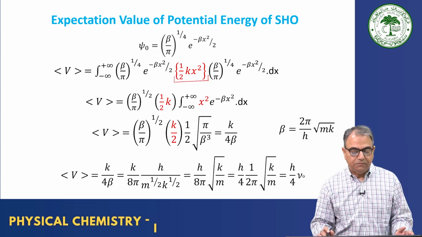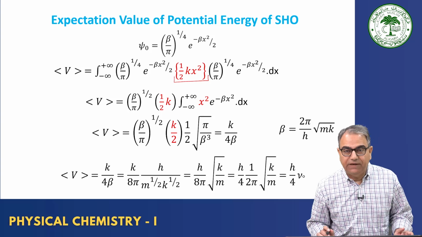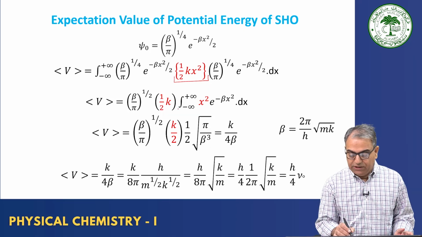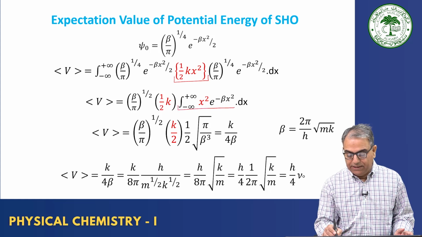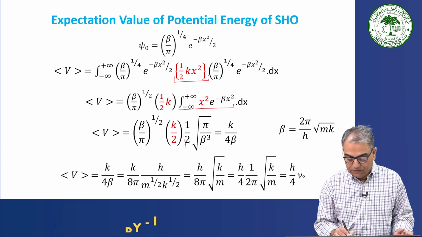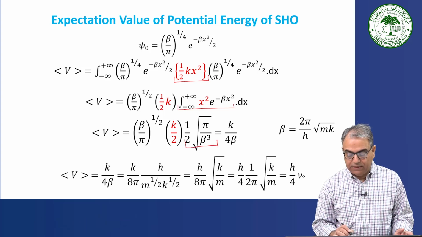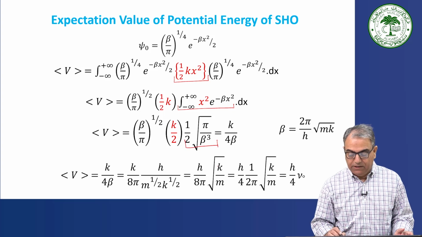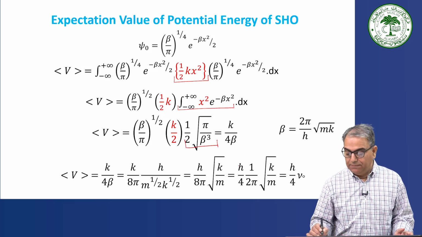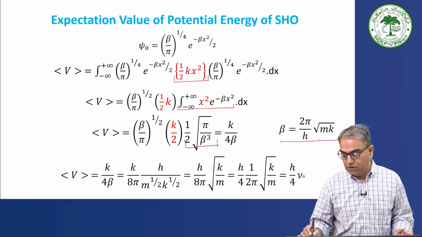With this potential energy value 1 by 2 k x square, again you see it is the same integral which you did time and again, x square exponential minus beta x square dx, and the value is this one. So this gives you k divided by 4 beta, and beta is what?